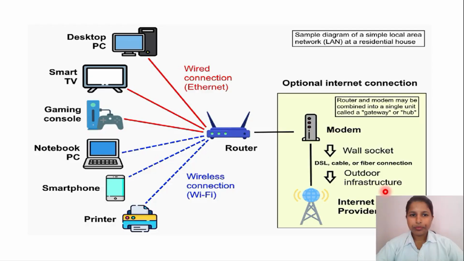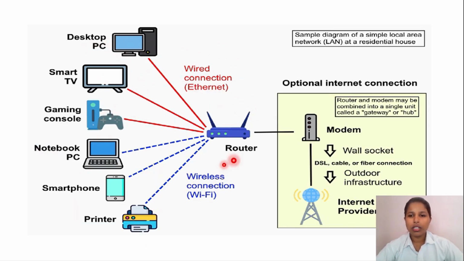So this is an image of a LAN. In this picture we can see the router connected to our personal computer, smart TV, gaming console, smartphone and printer. The Wi-Fi connection, a wireless connection, is connected to the notebook, smartphone and printer, and a wired connection like Ethernet is connected to the desktop, smart TV and gaming console.